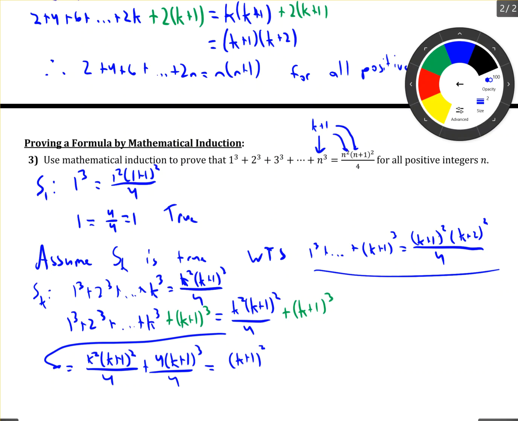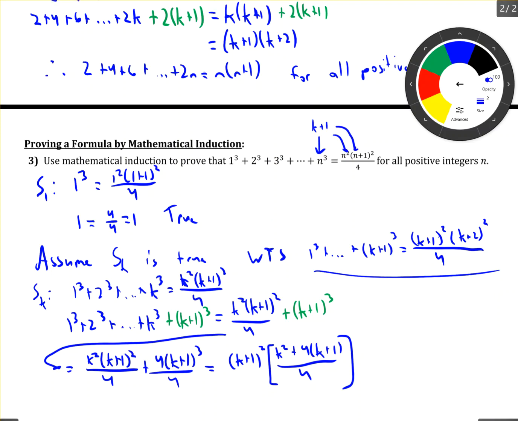And that's going to leave me with a k squared in the first one, plus a 4k plus 1 in the second one, and it's all over 4. So again, basically I took 2 k plus 1s out of here, 3 of them out of here, and that leaves me with 1 in the second term and 0 in the first term. So if you have a little bit of trouble seeing that, just keep in mind all I did was factor out a k plus 1 squared.